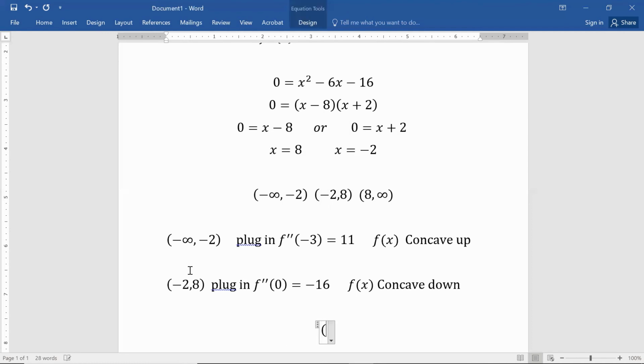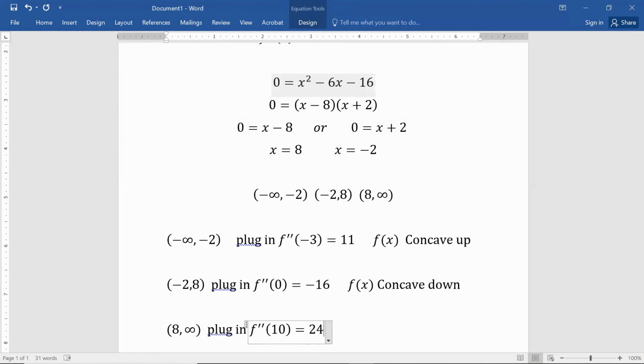Lastly, we look at the interval from 8 to positive infinity. Plug in some number above 8. I'm going to plug in the number 10 because 10 is above 8 into the second derivative. We end up with 10 squared minus 6 times 10 minus 16.